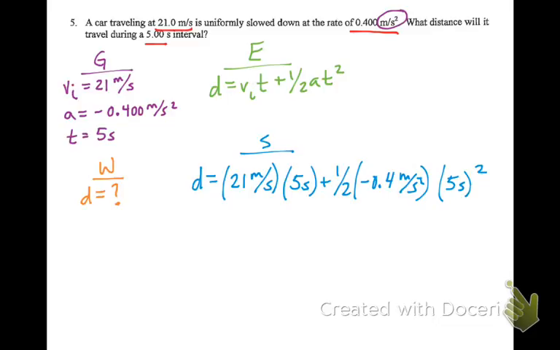Don't forget about this negative value here. So you wind up with d, our distance or displacement, equals 105 minus 5. Our final answer, our distance, is 100 meters.